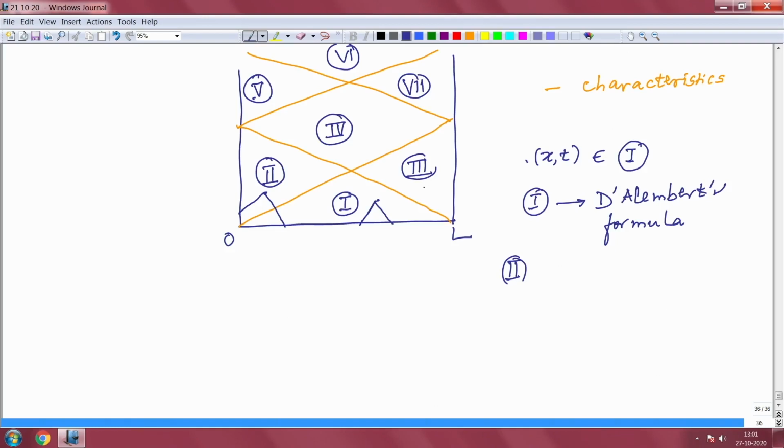And as you go up, okay, there will be more interaction between both the boundaries, and in principle we can obtain a formula at any point x t, though there is no simple formula to write down for any x t.